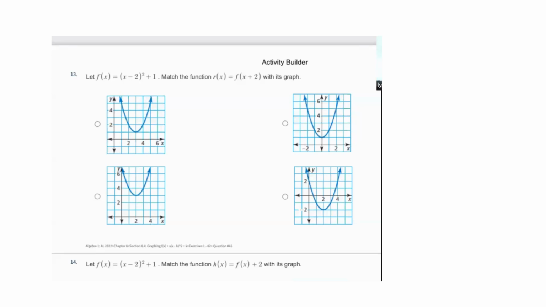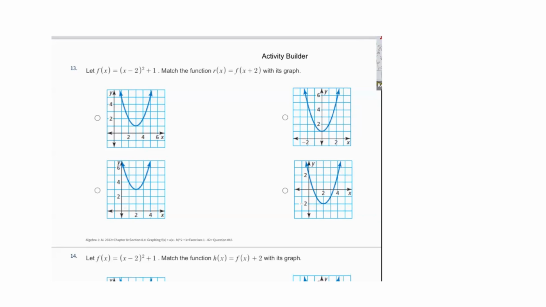If we look at this original graph, our vertex for the original graph is 2, 1. So it's to the right 2, up 1. Let me get another color. So that would be the original.